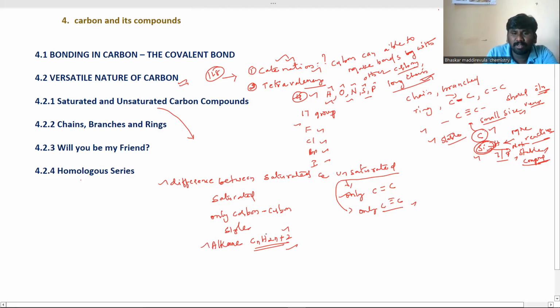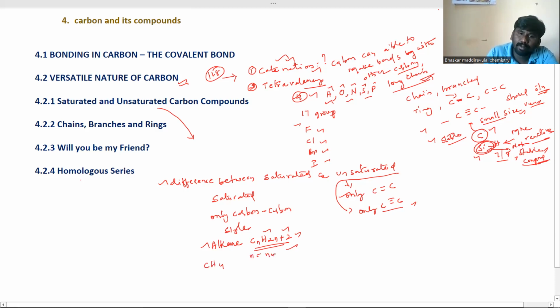Sometimes they will ask what is the general formula of alkanes, or to give the first 2 or first 5 members of the alkanes. From this general formula we can write them, where n is the number of carbon atoms.